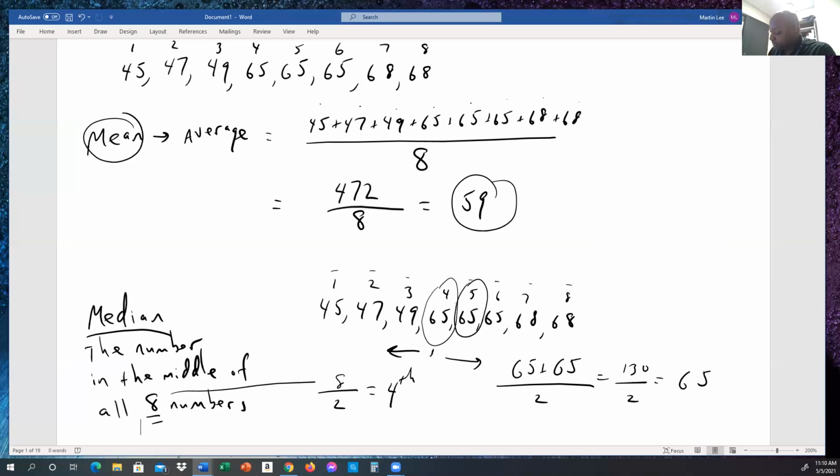So if I can squeeze this number in between 4 and 5, so this 65 is the median because it's the number that's in the middle, so that to the left of this, I'm going to have 4 numbers, and to the right of it, I'm going to have 4 numbers.